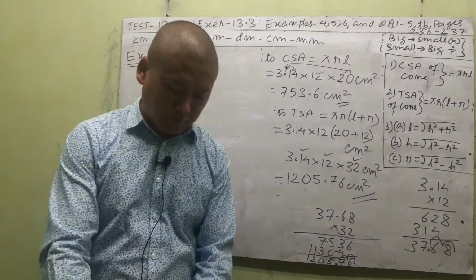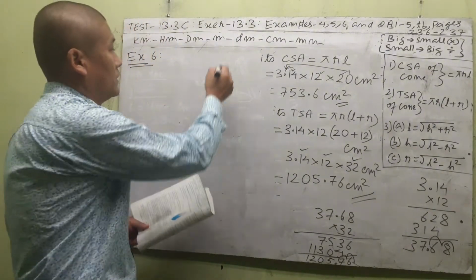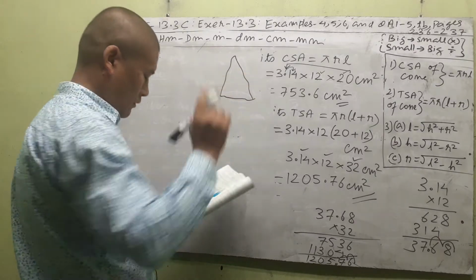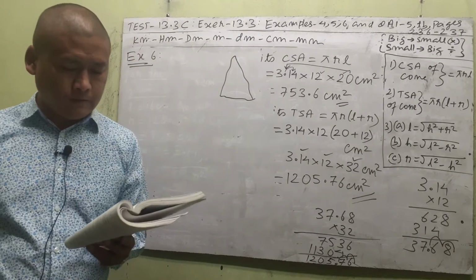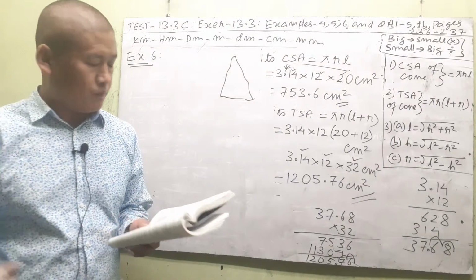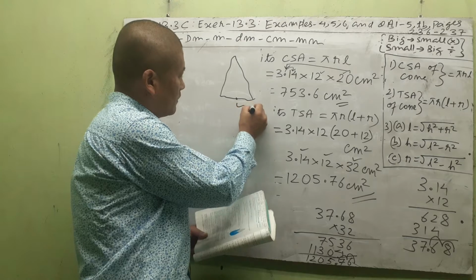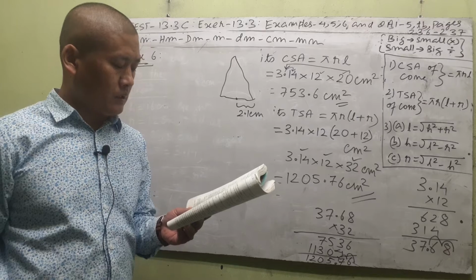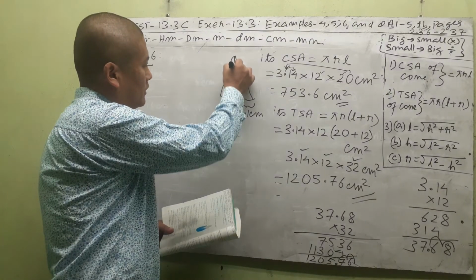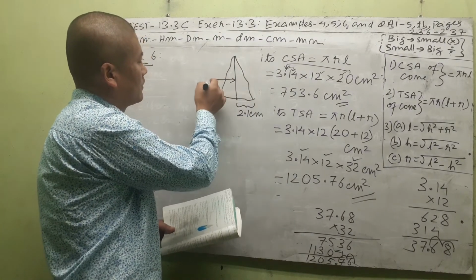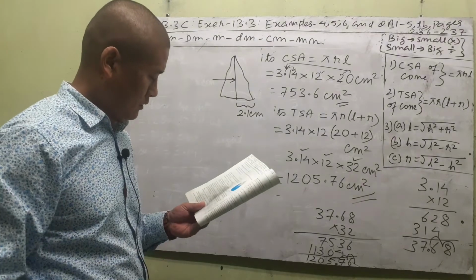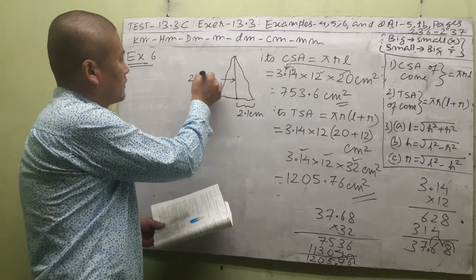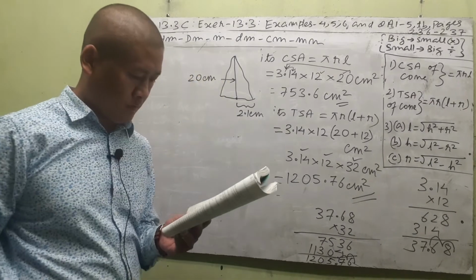Example 6. Here, a corn cob is shaped somewhat like a cone. So let us say this is the shape of the corn, more or less like a cone only. The radius of this broadest end is 2.1 centimeter, and its length, basically the height from here to here, is 20 centimeter.